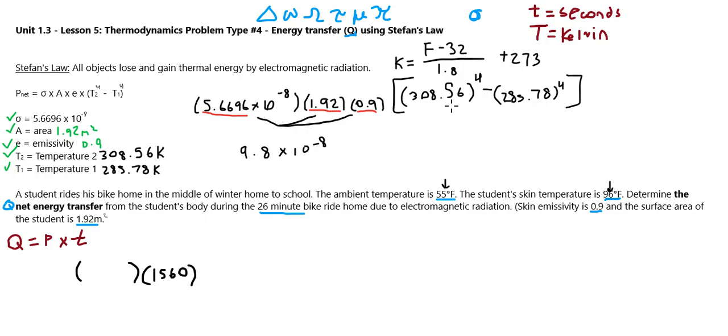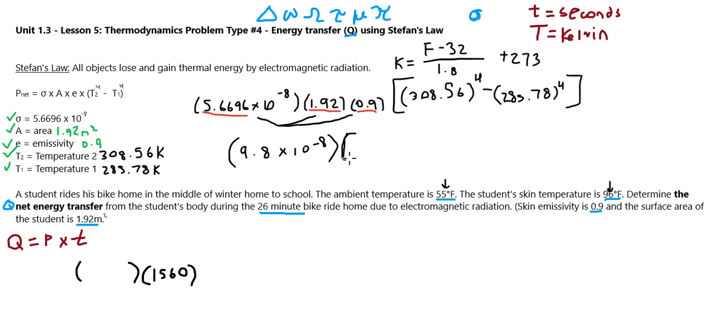So now we have to do this part, and this may seem completely crazy to you, but you need to make sure that once you type this into the calculator, you do it right and you write down right away what it is. So it's going to be this times some crazy numbers we're about to get.